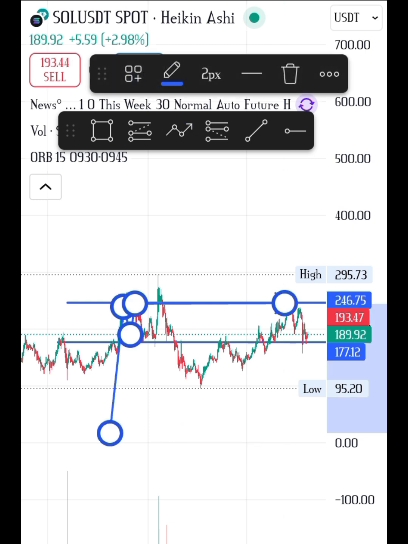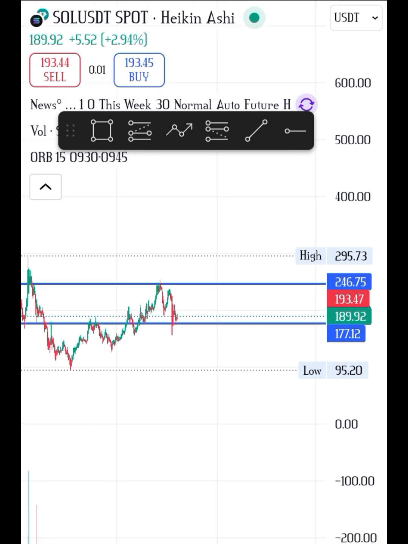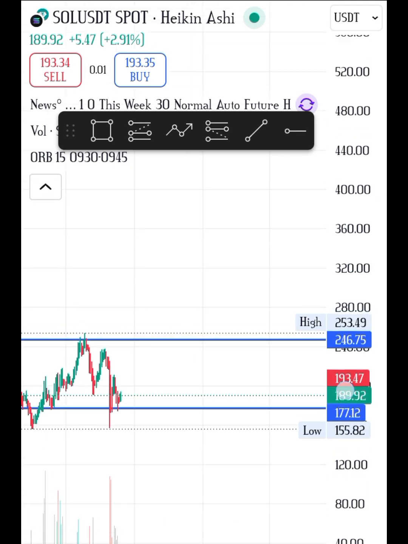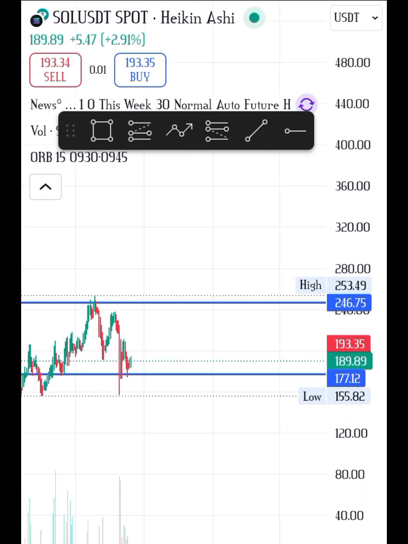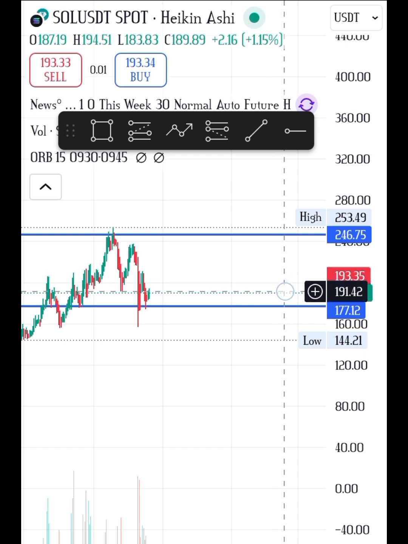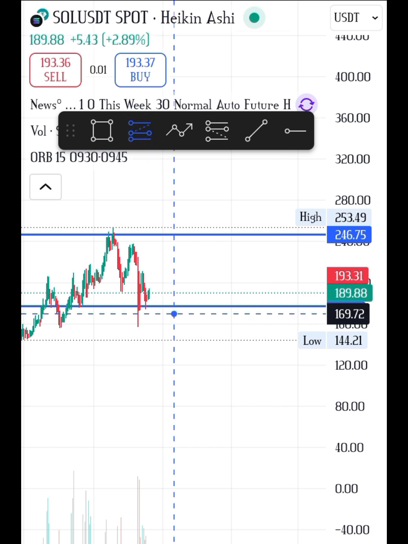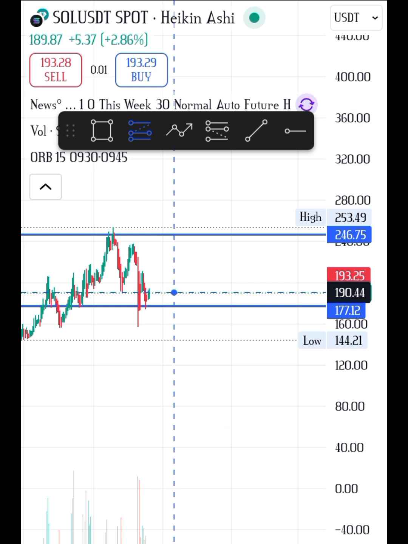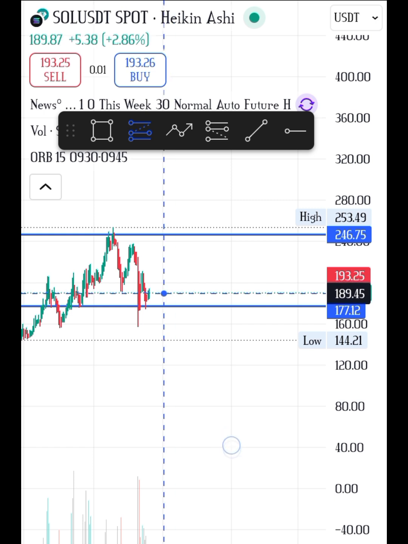We're not doing analysis here. I just want to show you how take profit and stop loss work. The current price of SOL is $190. If I'm buying this trade right now, I'll set it at that current price.